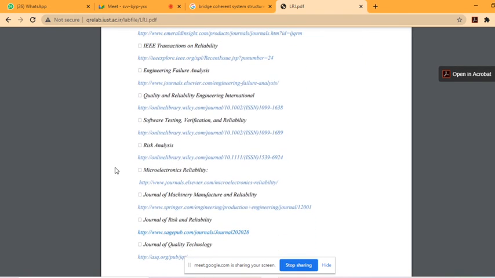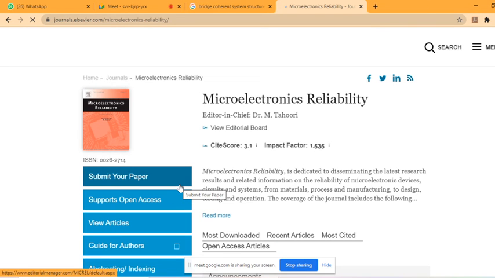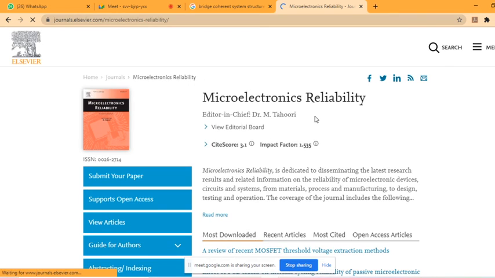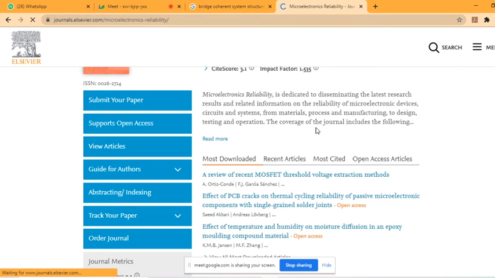Everything they are doing is based on reliability theory. You can see Microelectronics Reliability. This journal contains the analysis of network systems. The Microelectronics Reliability journal consists of plenty of research articles based on network systems.